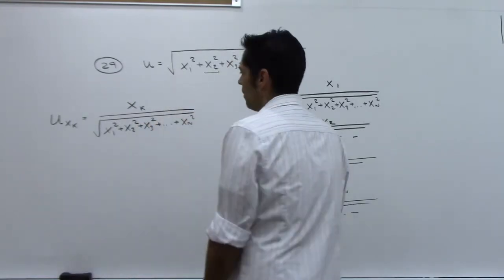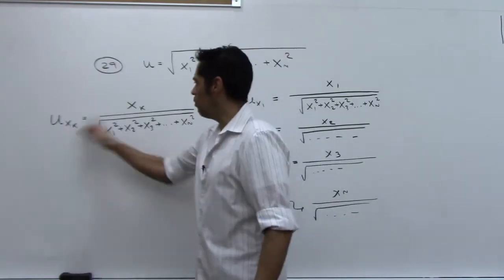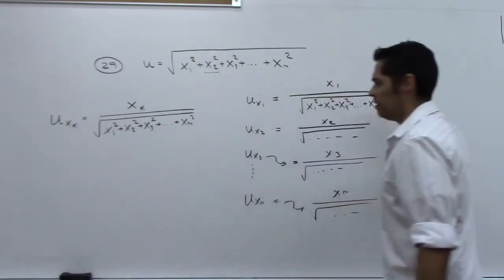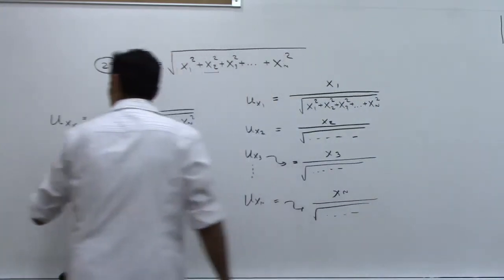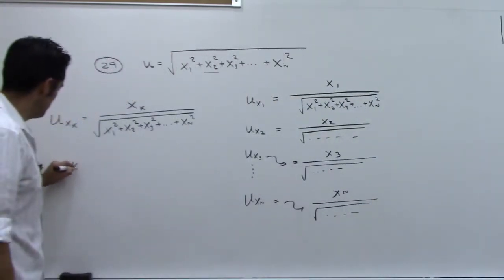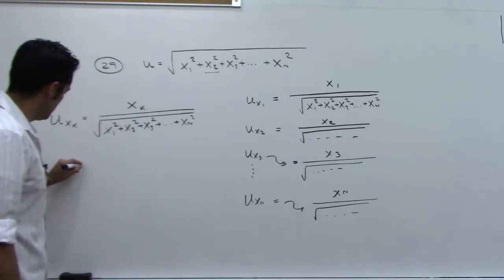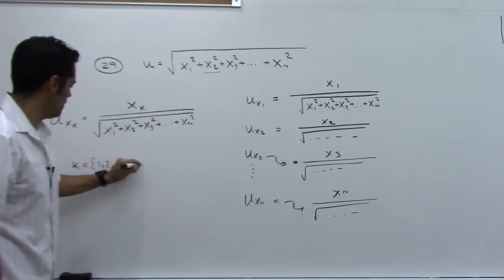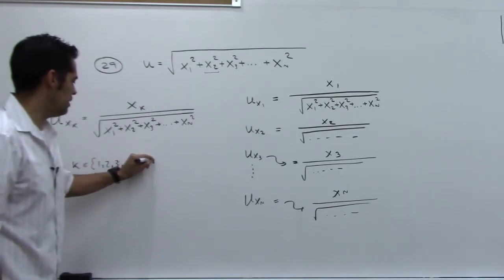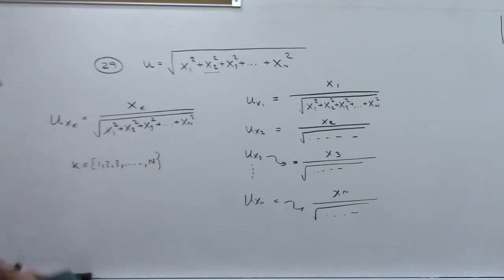Okay, so if you replace k with 1, then you get this one. If you replace k with 2, this one, this one, this one. So you'd say something like where k is an element of the list of numbers 1, 2, 3, all the way out to n.